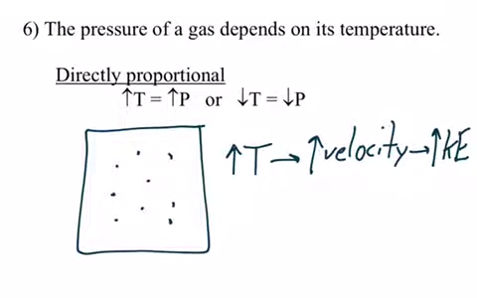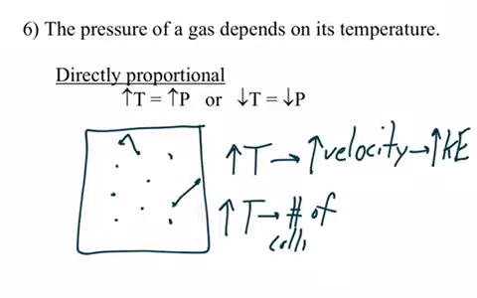Okay? So the faster that these particles are moving, the more often they're going to hit the wall of the container. See, when you increase temperature, what you're going to end up doing is you're going to increase the number of collisions. And if you increase the number of collisions, that means that there is going to be more pressure.